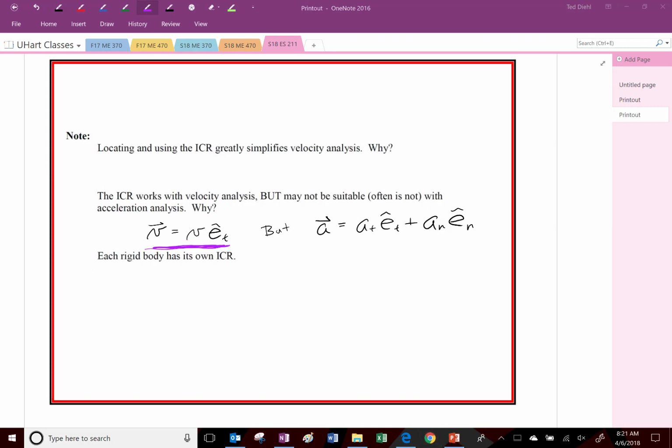For any vector, you could write that v is equal to the cross product of the rotation times that r, with reference to whatever center you happen to have. So if this was a with respect to b, this is also a with respect to b.